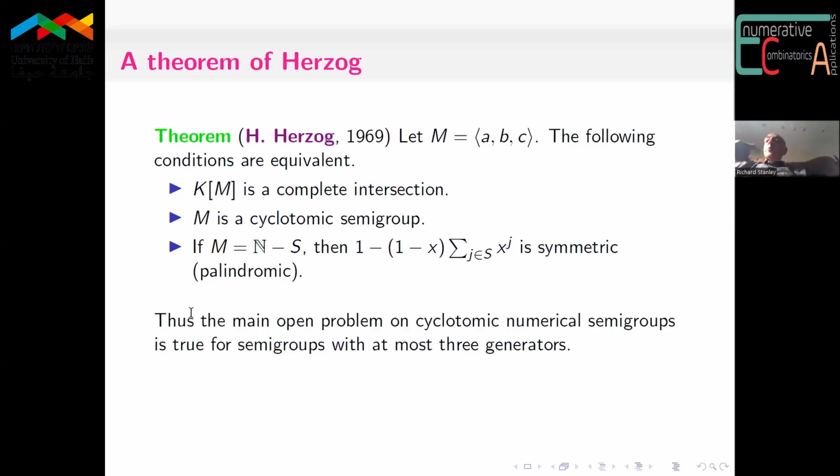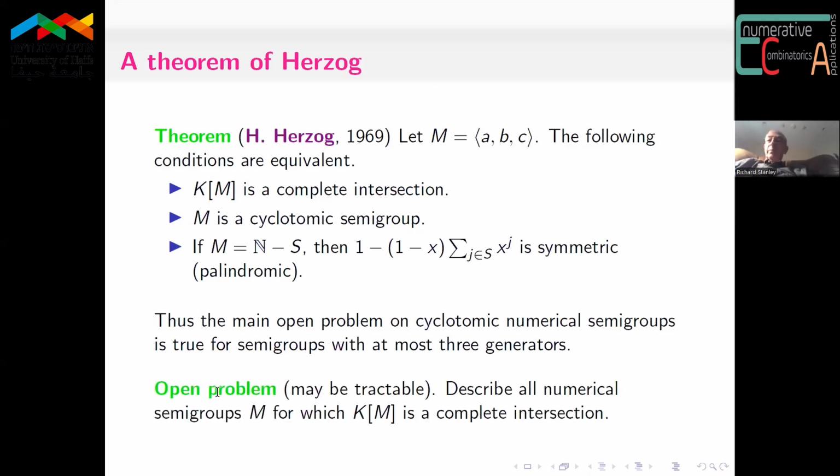So our main open problem on cyclotomic numerical semigroups is true for 3 generators. An open problem which may be tractable, even if you can't prove the main open problem, is that I think it may be possible to describe all the numerical semigroups for which the semigroup algebra is a complete intersection.